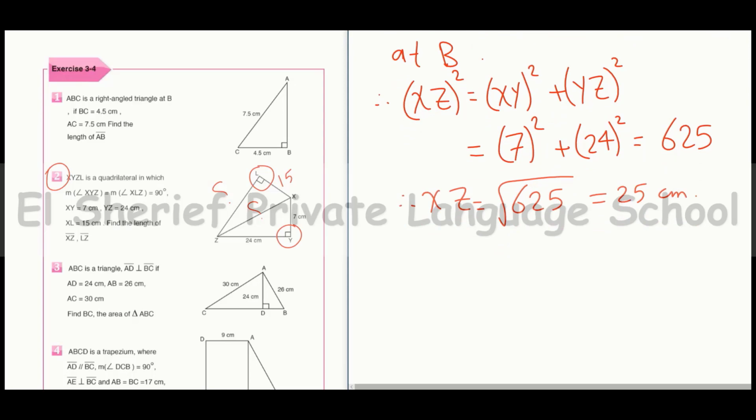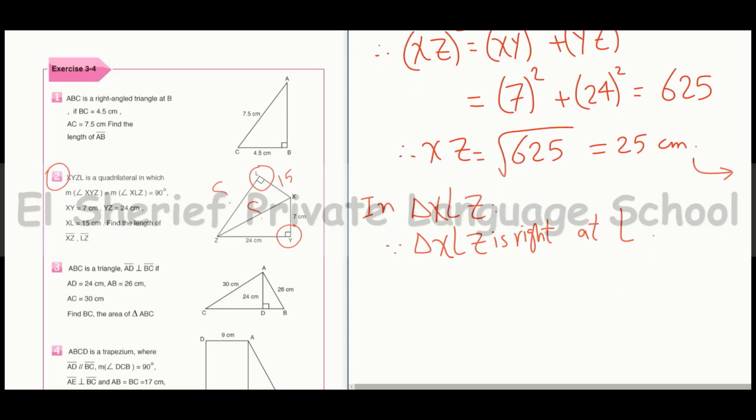After that, in triangle XLZ, since triangle XLZ is a right angle triangle at L, we use the Pythagoras theorem to find the length of LZ.